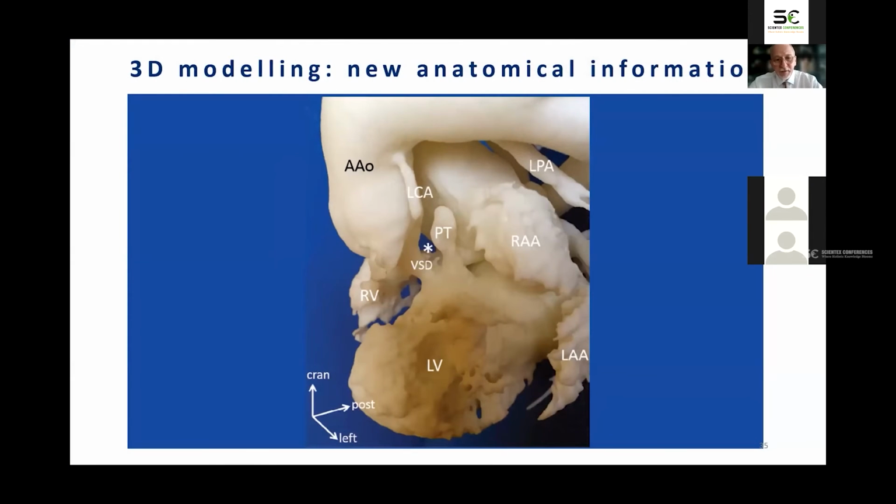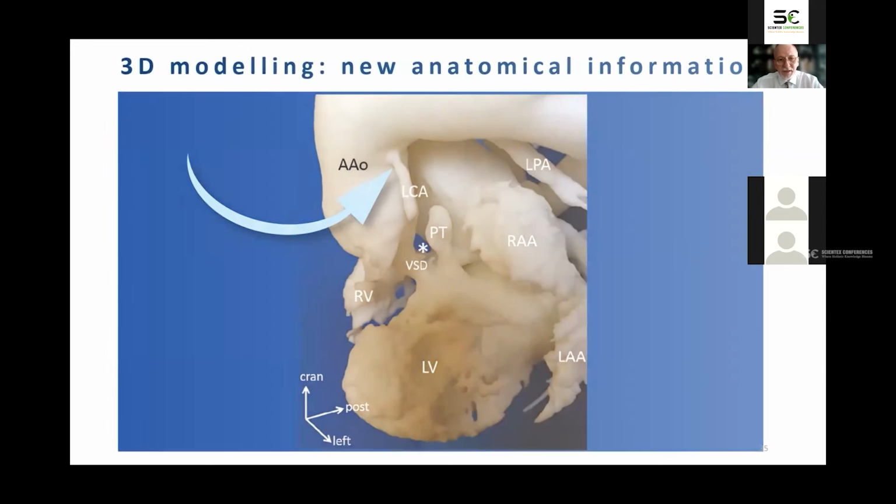And the model gave us another very important detail, namely the left coronary artery was coming very, very high, actually in the intended area of the aortotomy. And again, that would be quite fatal to cut into the left coronary artery when we open the aorta. So again, the model gave us very good insights.